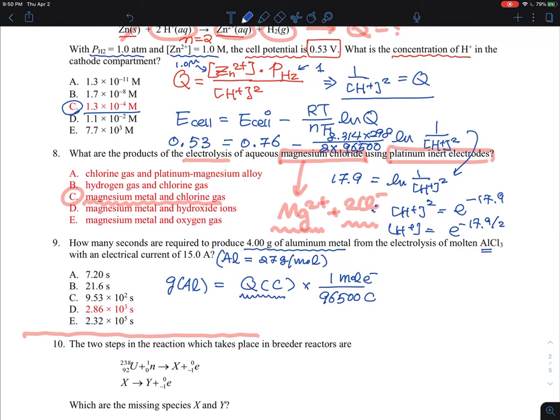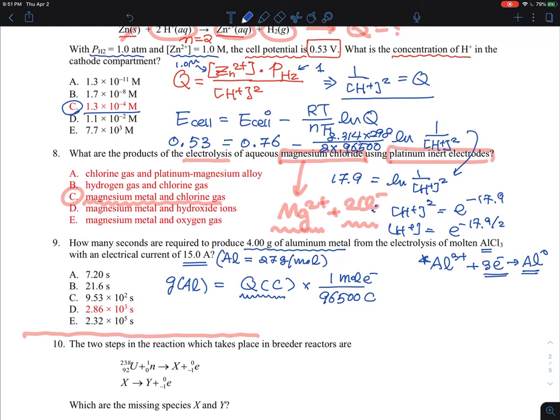This is molten AlCl3, so Al3+, with an electrical current. Al3+ will be reduced by 3 electrons to make 1 Al. So it's a 3-to-1 ratio that is going to be important here. Also the current is 15.0 ampere.